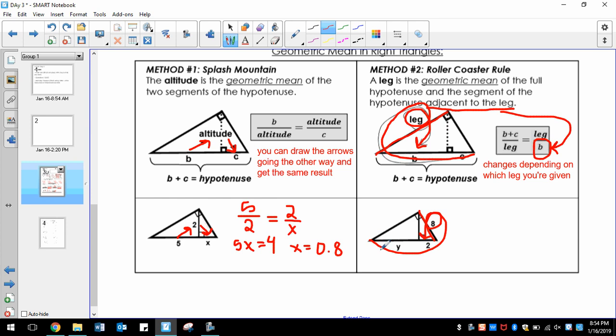But basically, if I follow the track, it's y plus 2 over 8 equals 8 over 2. Just like that. Okay.